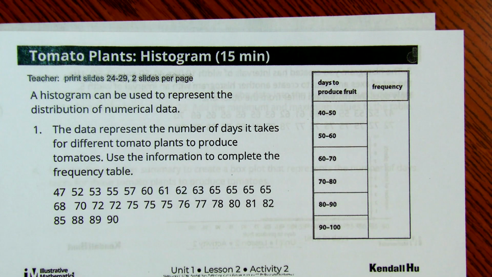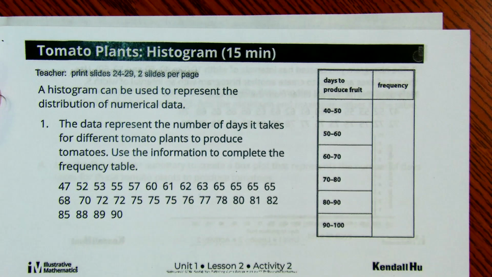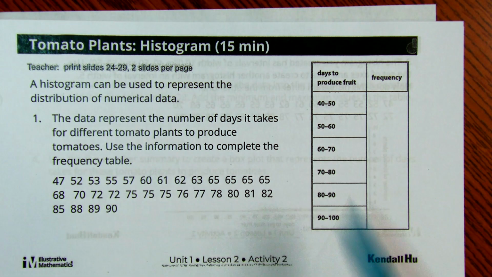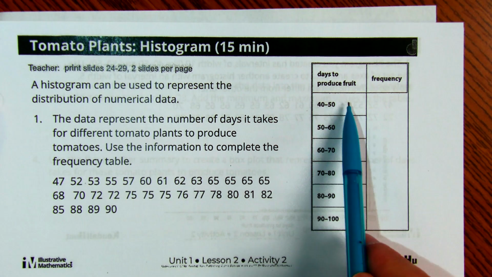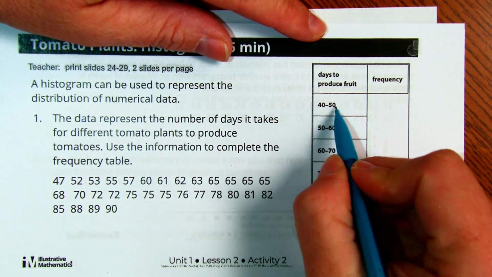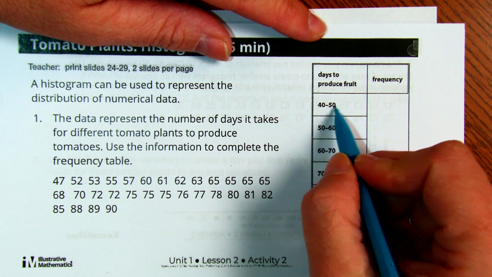So in your packet, you should have what's called tomato plants histogram. We're looking at a frequency table, so you have to figure out how many times each of these values fits into this range. What you need to understand is that this is not 40 to 50, because then this is 50 to 60, and you can't have 50 in the same spot.